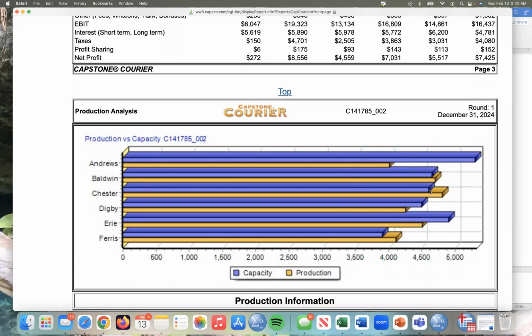So what we would like to happen is that your first shift capacity be less than what you're actually utilizing. You can see that that's not always the case for your competitors either, but the one that is in best shape is Chester. And what that means is they're fully utilizing their production capacity. It allows you to spread your production costs over more units.